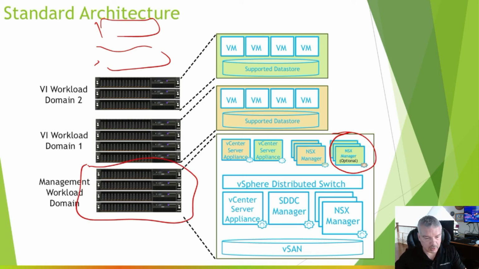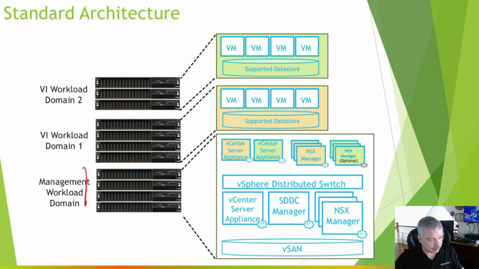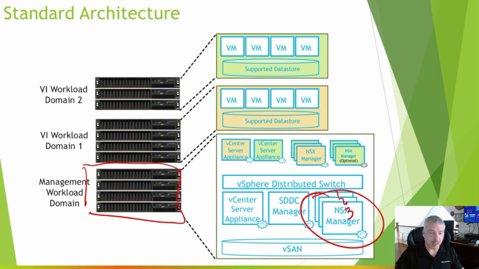Now, I want to mention this. When you spin up your first domain here, that's the management domain, it gets its set of NSX Managers. Boom. That's for the management domain only. When you decide, oh, I'm going to spin up a workload domain, here's the orange one, it's going to spin up an NSX management cluster and a vCenter server, okay?